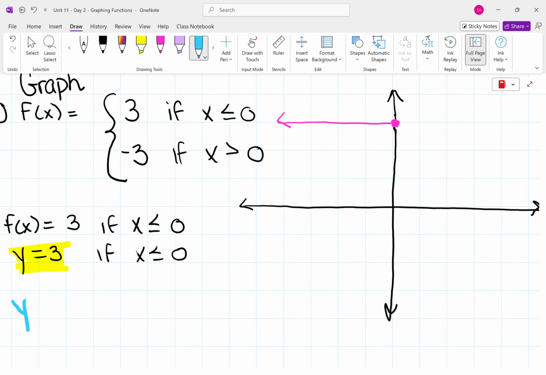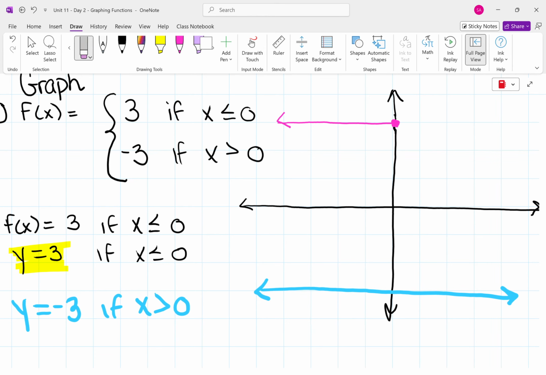All right, now there's another part of this. The next part is saying y equals -3 if x is greater than 0. So I'm going to go to where y is -3, and that's another horizontal line right here. But again, is it the full line? No, it's only -3 where x is what?